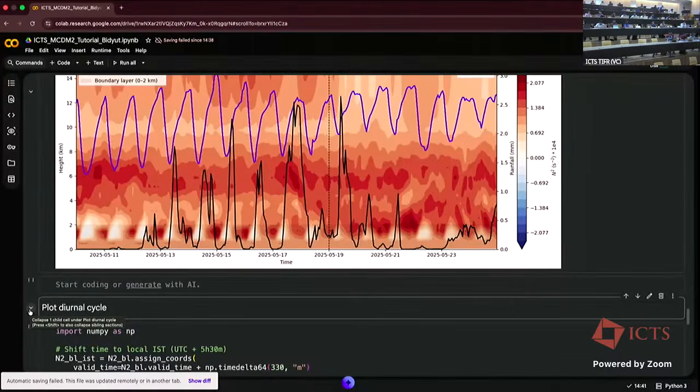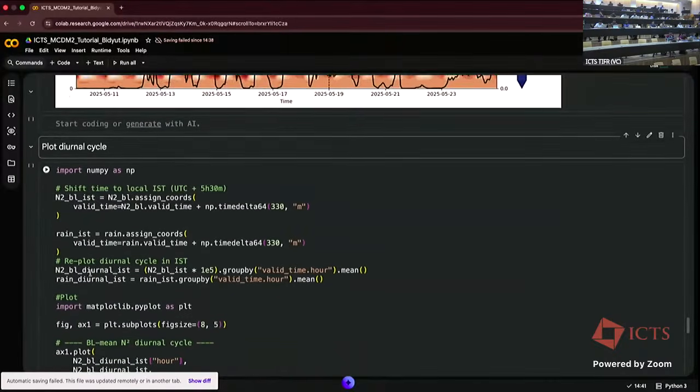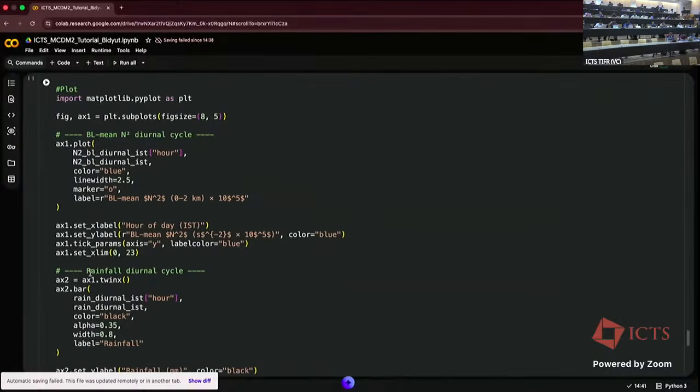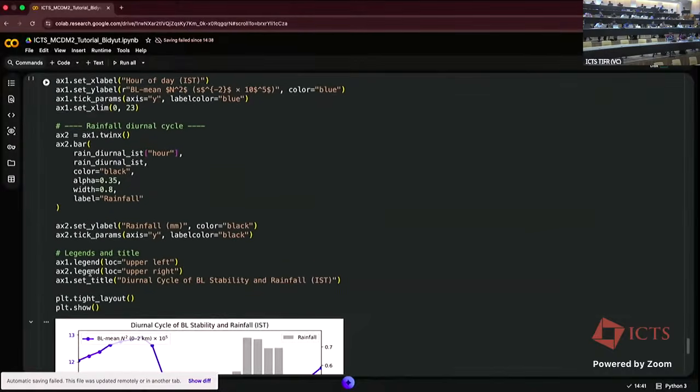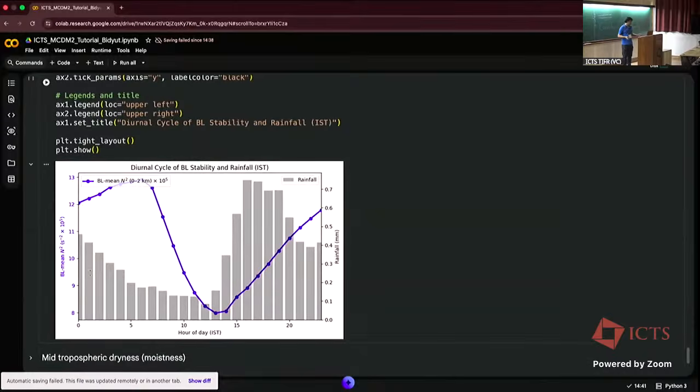I'll just do a diurnal climatology for the 10 days. I'm skipping the coding part.